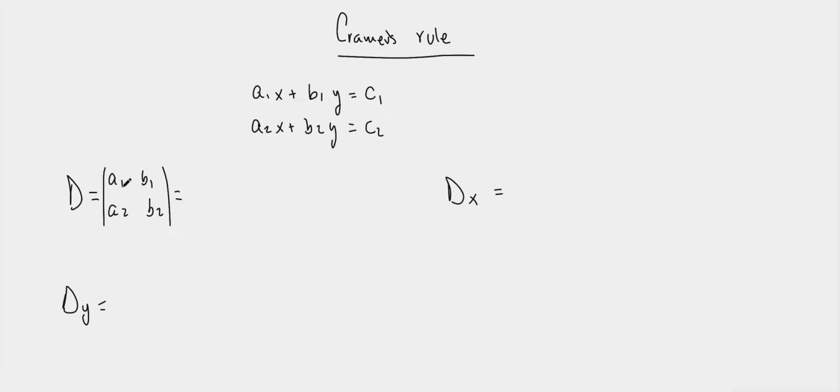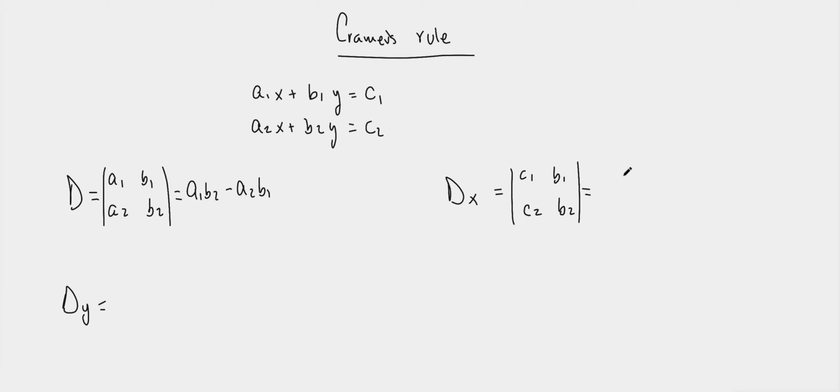And you already know how to find the determinant of a 2 by 2 matrix, which in this case will be A1 times B2 minus A2 times B1. To find the determinant of X, we're going to use C1, B1, C2, B2.